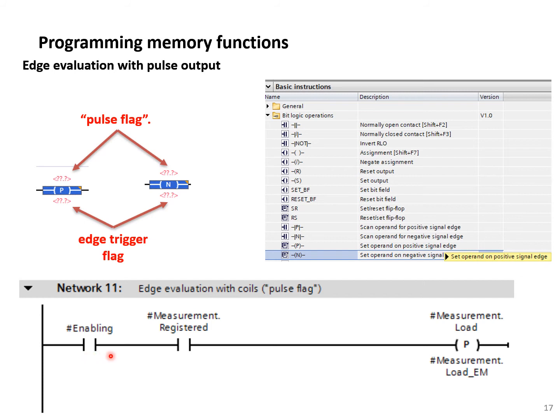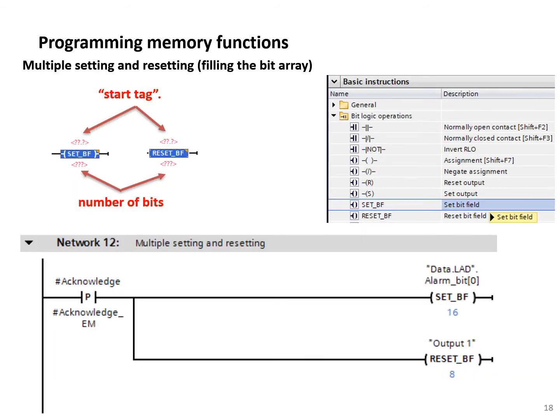Okay, so in this example, you could see that when the measurement register becomes true, then for one cycle the coil will become true only for one cycle, and the measurement load EM will keep the last state of the measurement load. Multiple setting and resetting, filling the bit array.